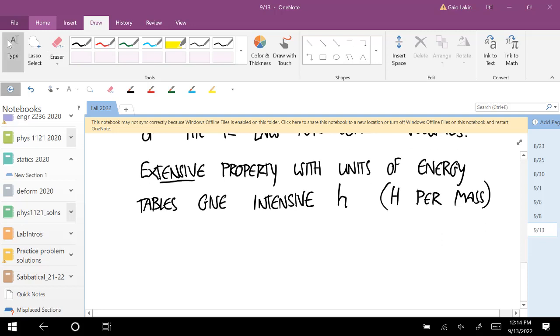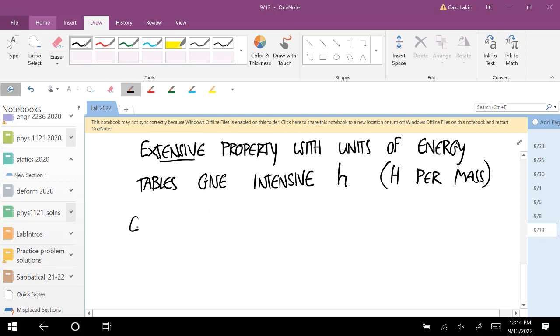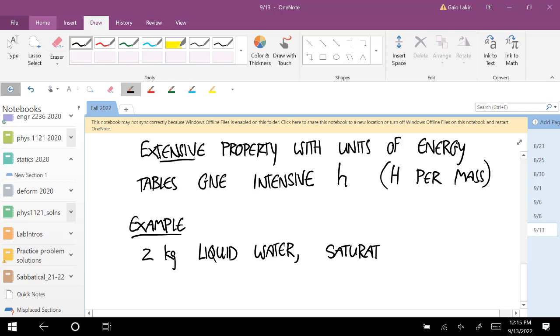Okay, so let's just do a calculation of the enthalpy. These are values that I just got out of the table. So let's say that we have 2 kilograms of liquid water at saturation, at 1 bar of pressure.